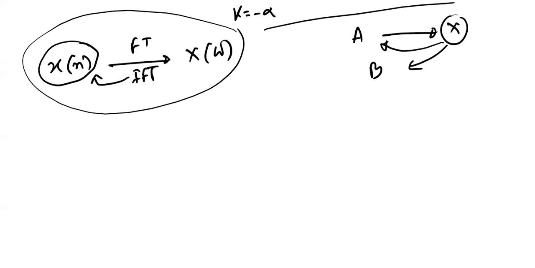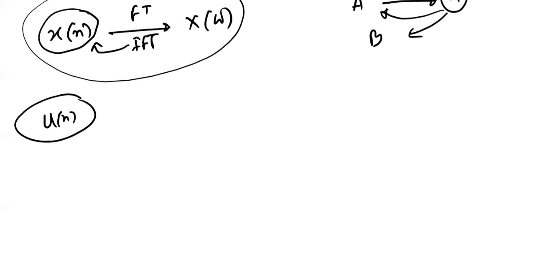Similarly, for u[n], if we want to do the Fourier transform directly, it needs some tricks. But we can do that. So let me give that example of how we can go directly from the time domain to the frequency domain.